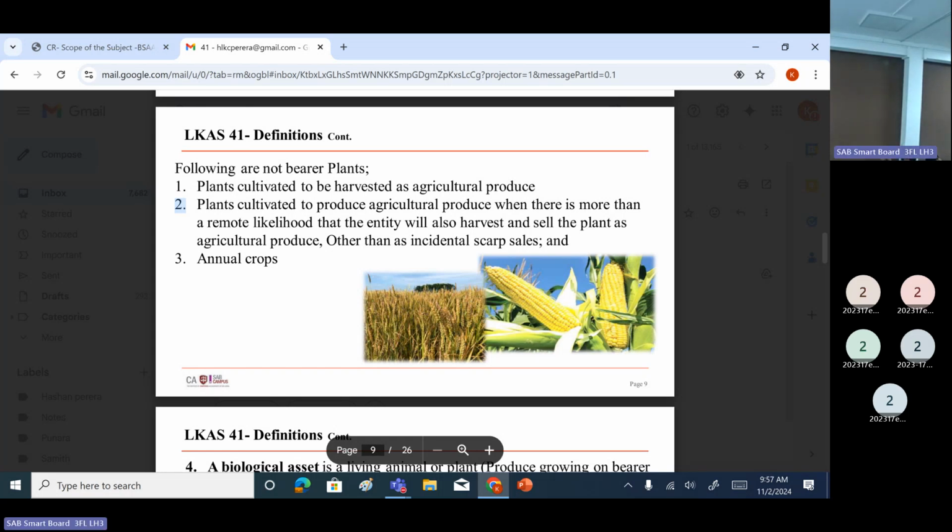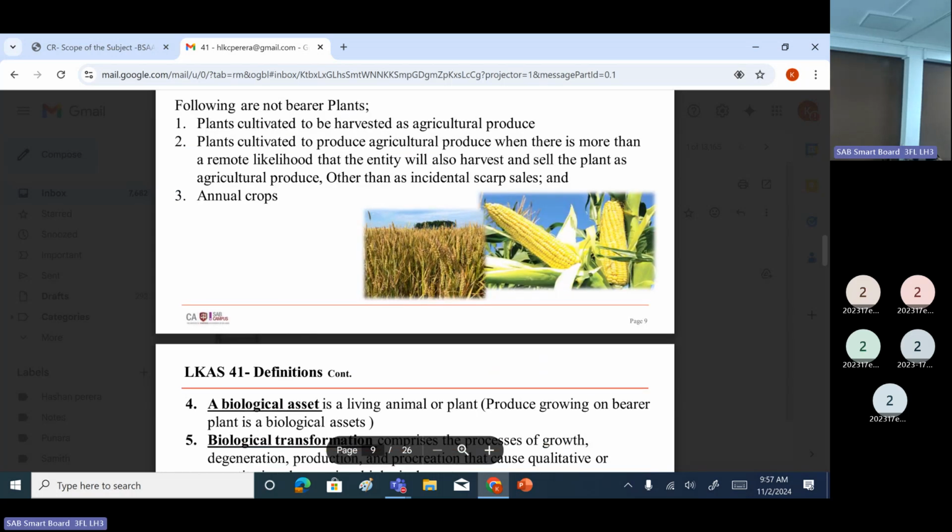Plants cultivated to produce agricultural produce when there is more than a remote likelihood. Same thing. So annual crops, we can't consider as bearer plants. These are the contents we are using in the standard, right?